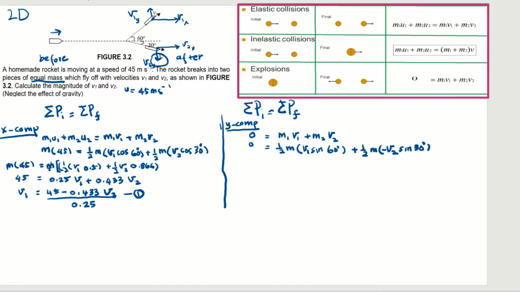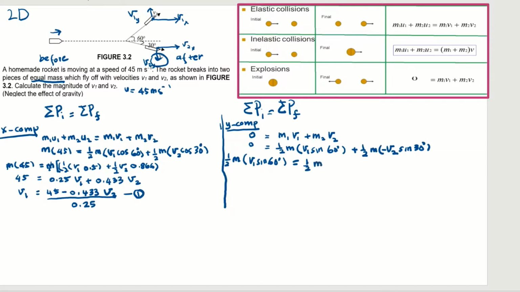Then you can simplify: move it forward, so v1 sin 60 equals v2 sin 30, no more negative.